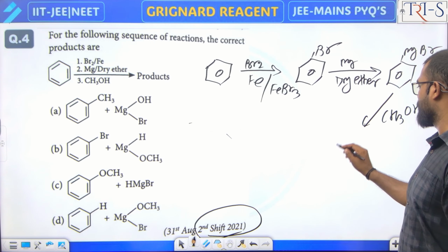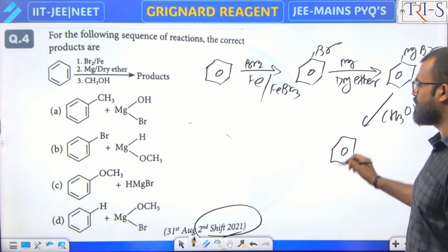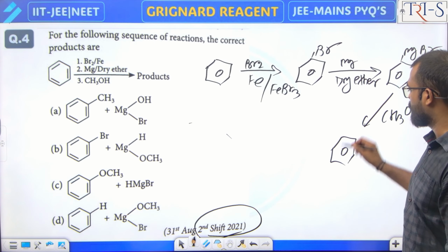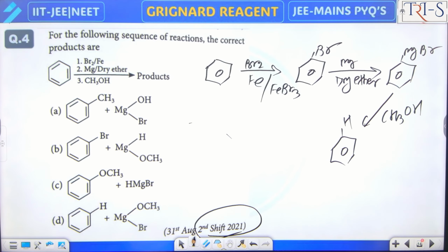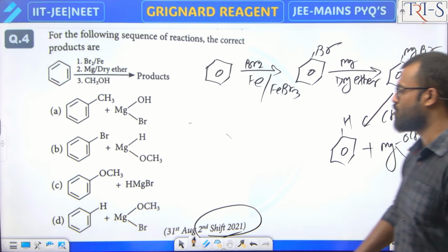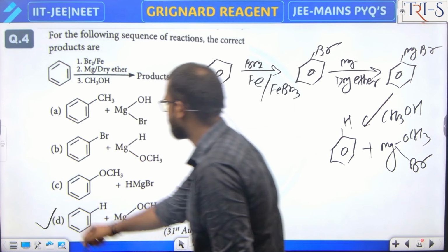The next product will be OCH3 connected with magnesium and bromine. So the option will be D.